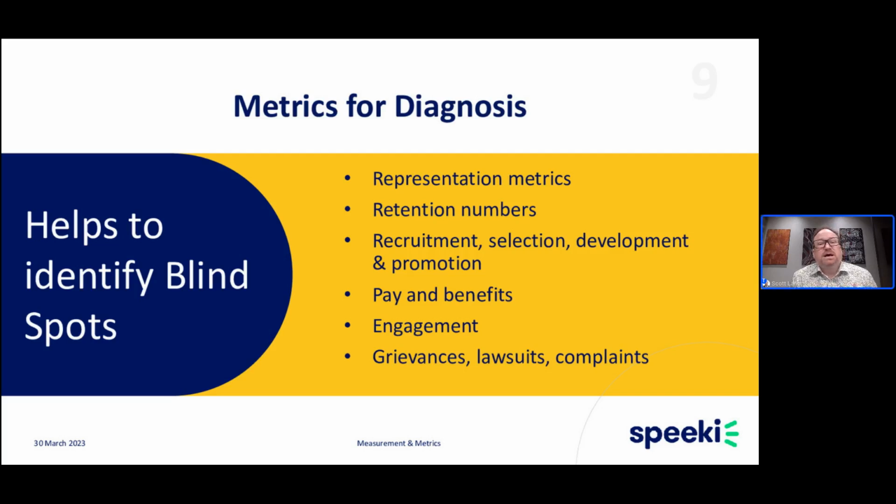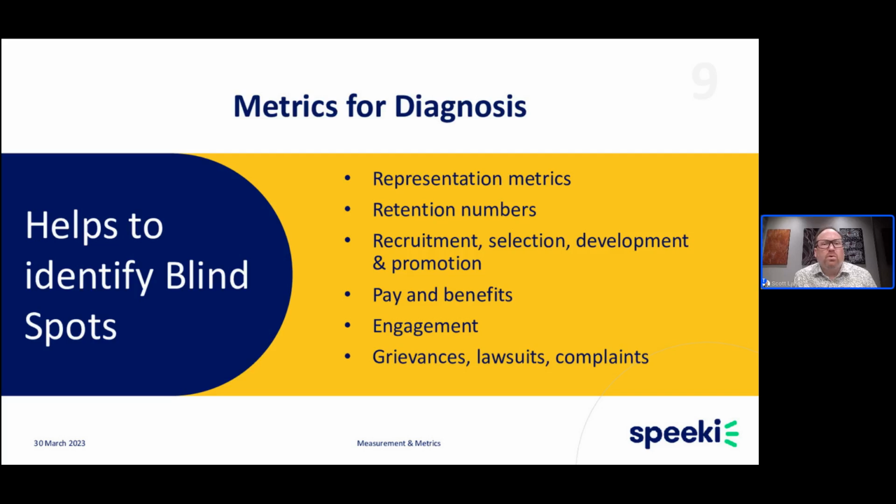That is, how is our workforce represented by way of gender or by way of race? It might be questions of fact about retention. How are we retaining staff? The percentage of male staff that we retain versus female staff, to use a gender example. It might be looking at statements of fact around recruitment, selection, development, promotion, pay, or benefits.